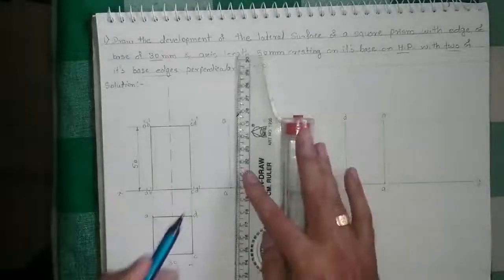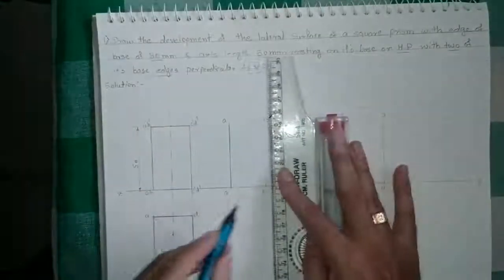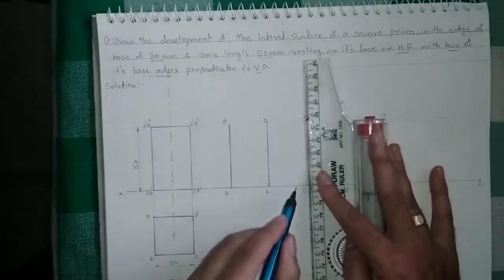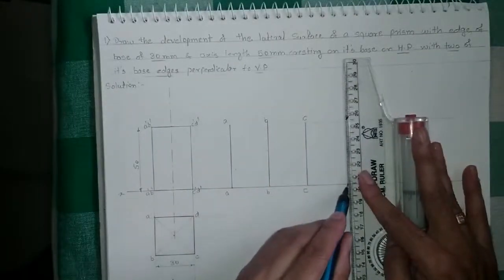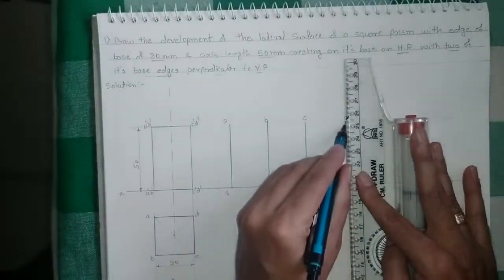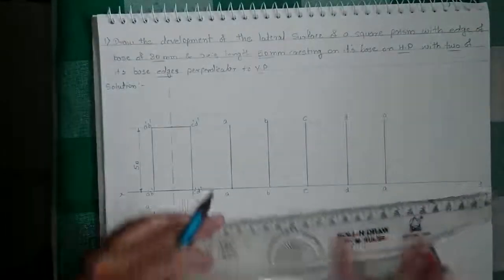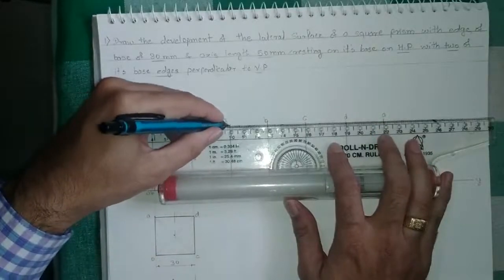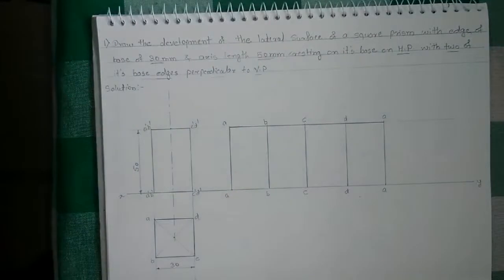Now darken all the lines for a complete view. This is our development of surface of the square prism.